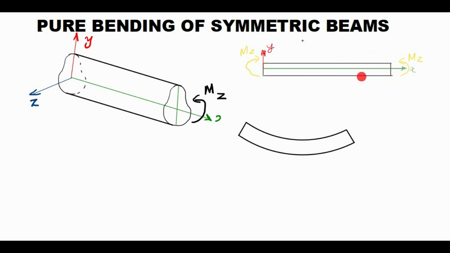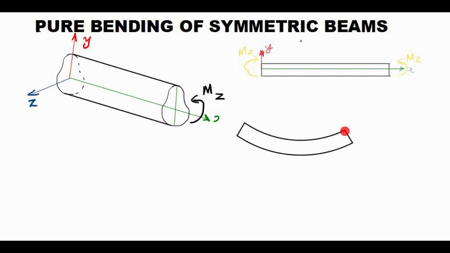This length is increased in the bottom part, and length is decreased in the top part. Top fibers of the beam will be under compression, and bottom fibers will be under extension, or under tension.